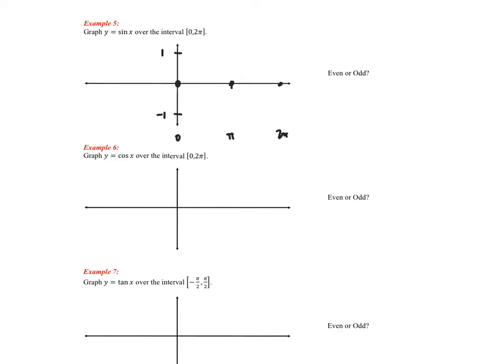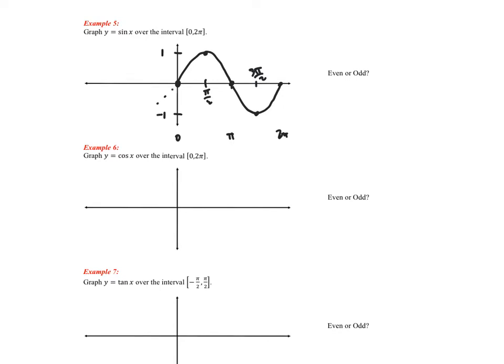So the possible maximum output is 1 and the minimum possible output is negative 1. And those are attained at pi over 2, where sine is 1, and at 3 pi over 2 on the interval from 0 to 2 pi. So our function for sine, one of my better sine functions, would look like that.